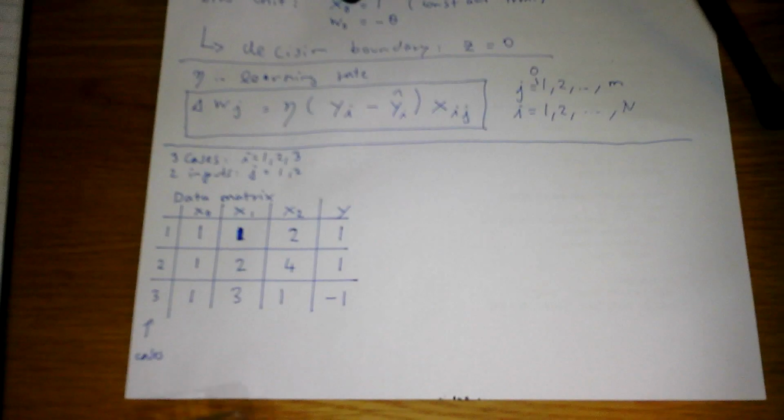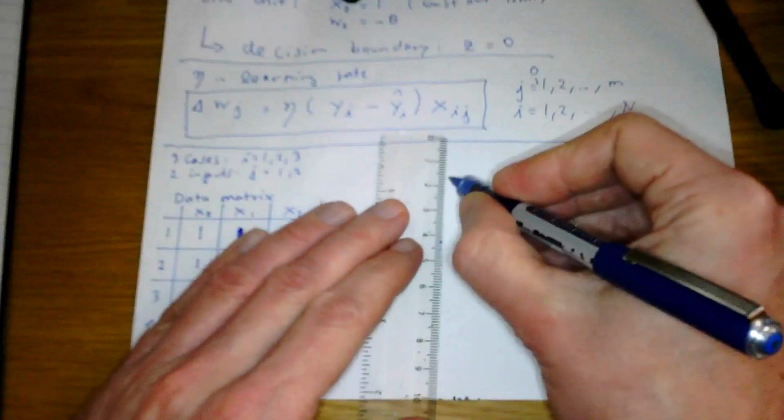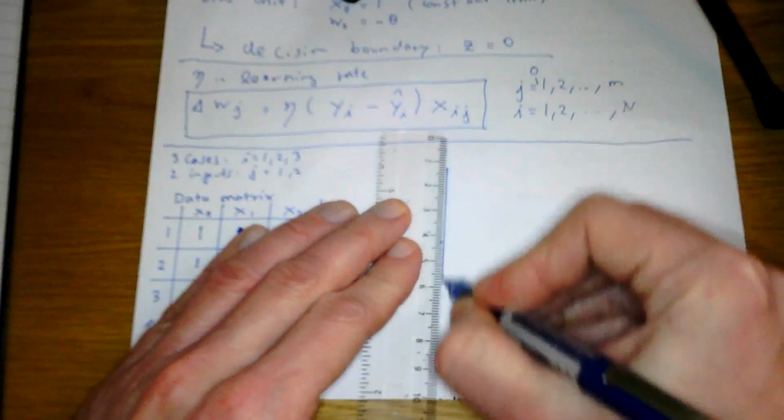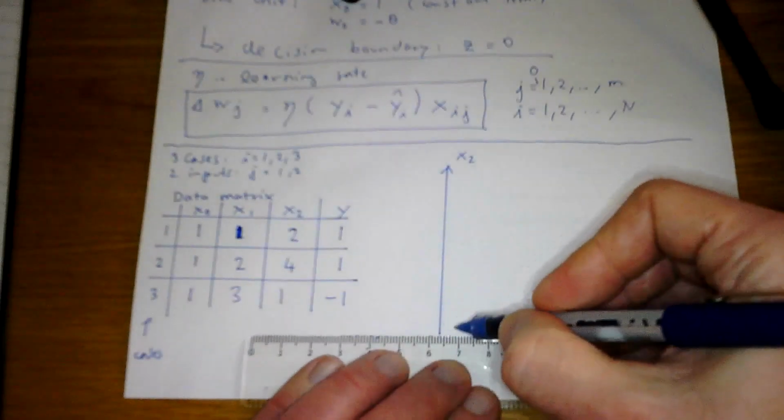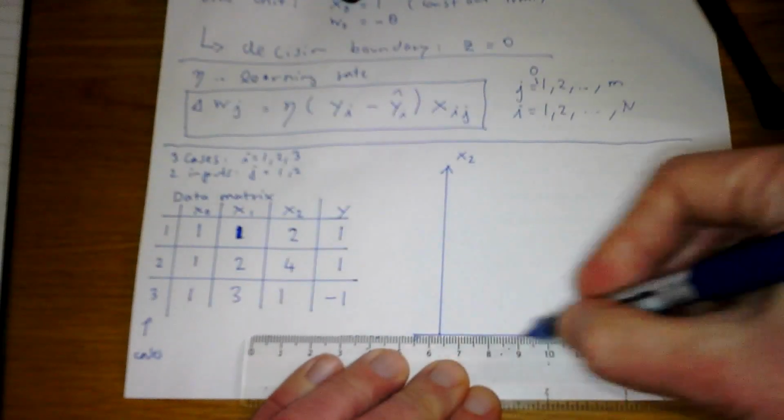It's also useful to actually visualize this in a little figure. Of course, in 2 dimensions you can still handle it. In higher dimensions I would not bother, because then you're running out of things you can visualize.